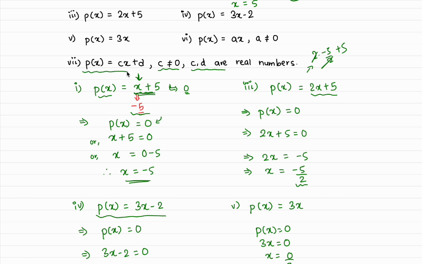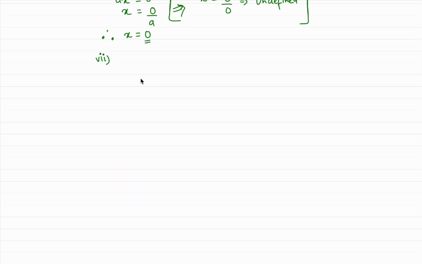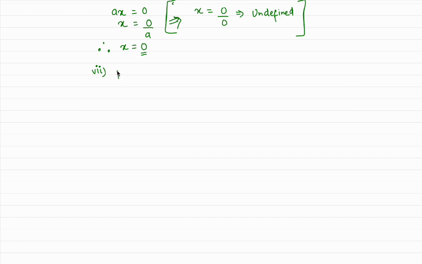So for our 7th question, I'm just going to write p(x) equals cx plus d. We need to find the zero. We equate this p(x) with 0 itself. We have cx plus d equals 0.